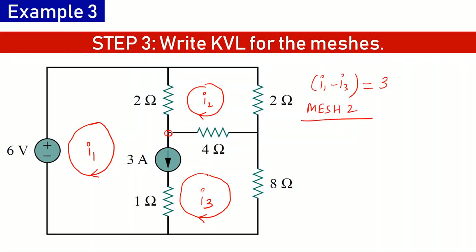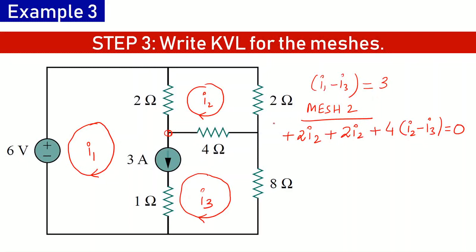I am starting from this point, so the equation will be plus 2 I2 plus 2 I2 plus 4 (I2 minus I3) equals 0. Here we had 3 variables I1, I2 and I3, and I have 2 equations. We need one more equation.